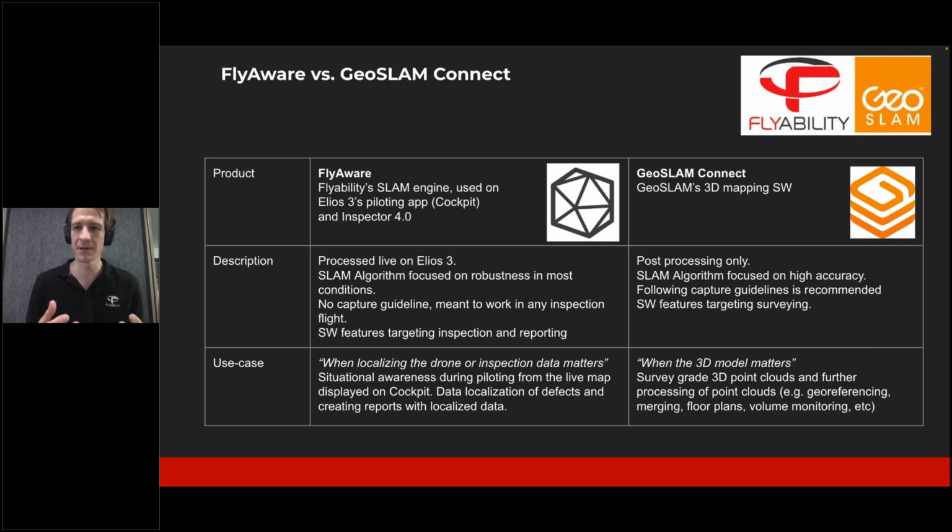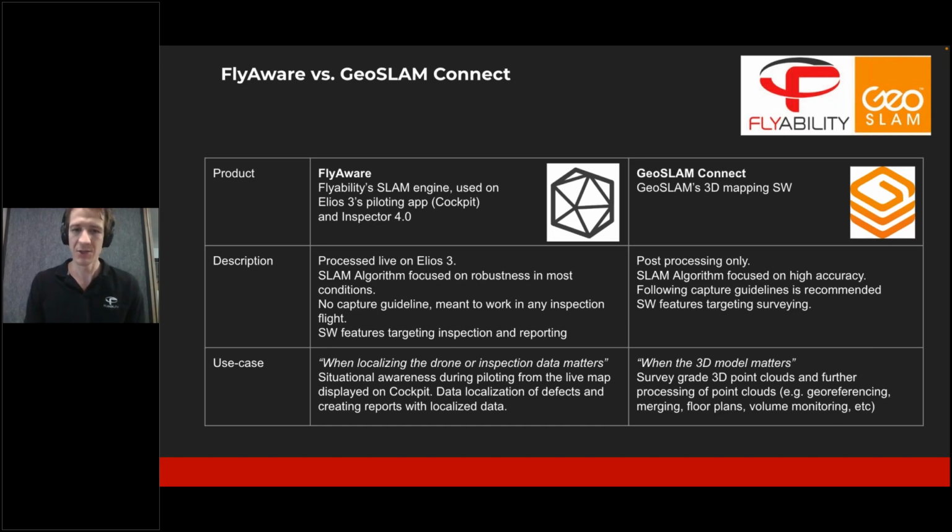It's really meant to work to localize your drone or localize your data in any inspection flight. And yeah, the software features that Charles described are around really helping the live inspection or doing reporting on typically visual inspections. And so the use case is really when localizing the drone or the inspection data matters.